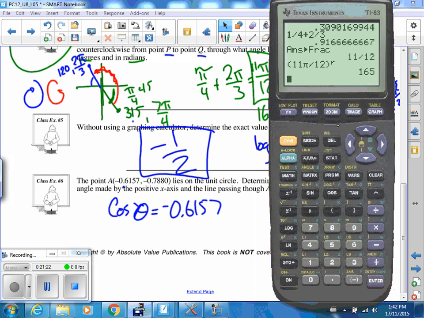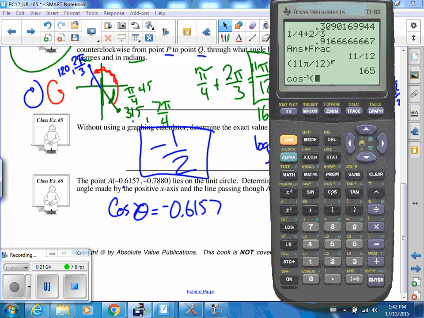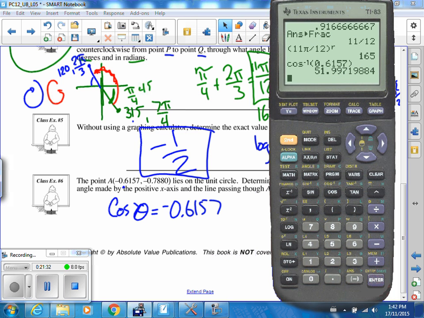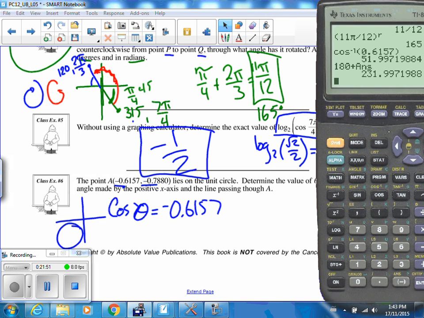So if I'm looking for the angle, I still use my cos negative 1, 0.6157, close my bracket, so my reference angle is 51, but because both of these are negative, I've got to be down here in quadrant 4. Oh shoot, I'm in degrees. Well, I'll keep going with this. So 180 plus that reference angle is going to be that measure in degrees.